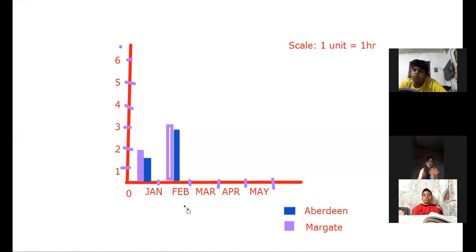Okay, this is according to the value of 3. That is, we have represented the average hours of sunshine of both the cities for the month of February.